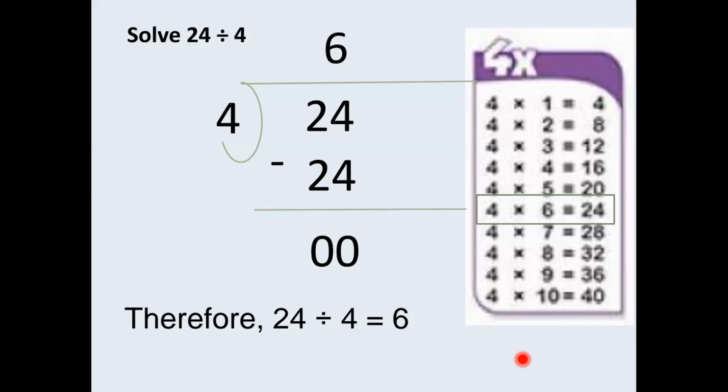Unmute yourself. Yes. Explain the division, dear. 24 divided by 4.